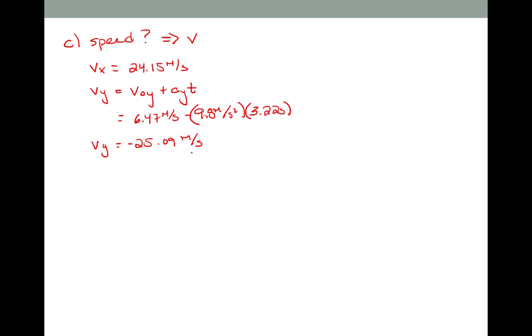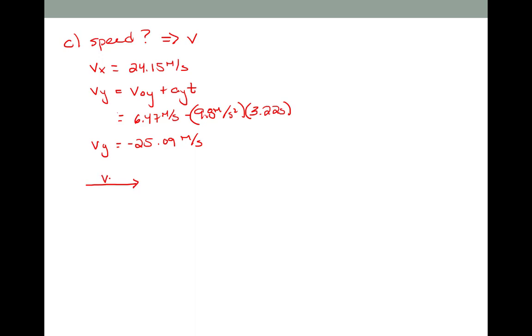So we found the components of the final velocity. But this question isn't asking for the velocity components, it's asking for the speed. And by asking for the speed, what it really wants is the magnitude of the velocity vector. So to find that, I need to draw myself a pretty picture.